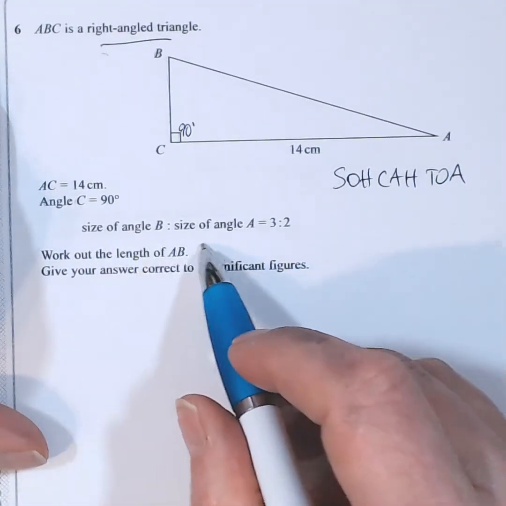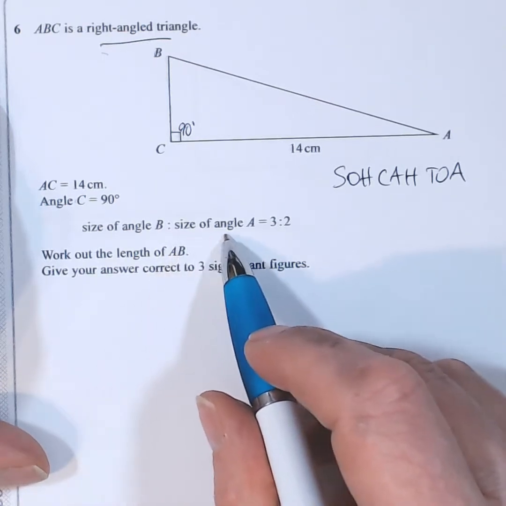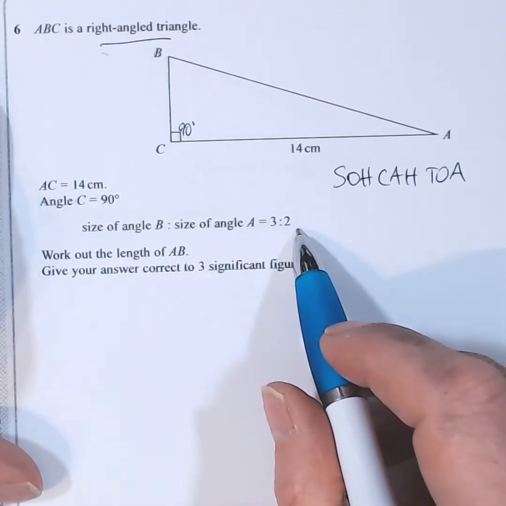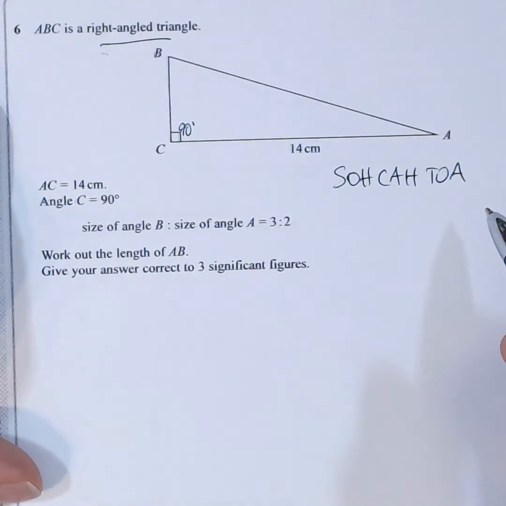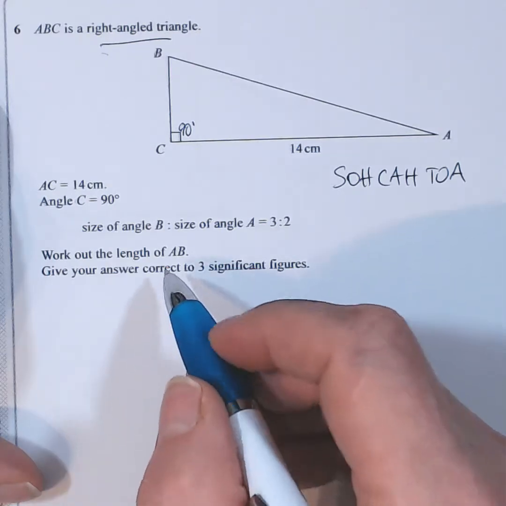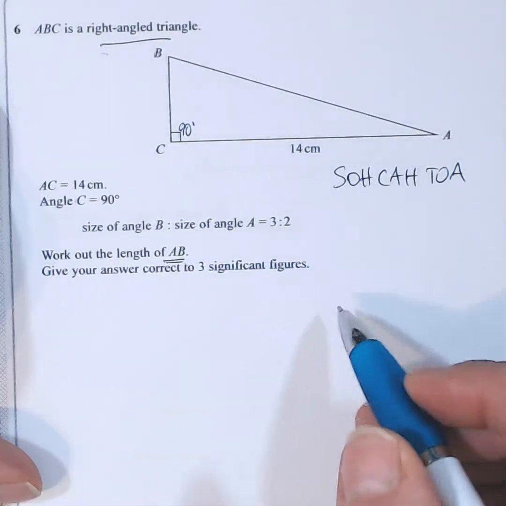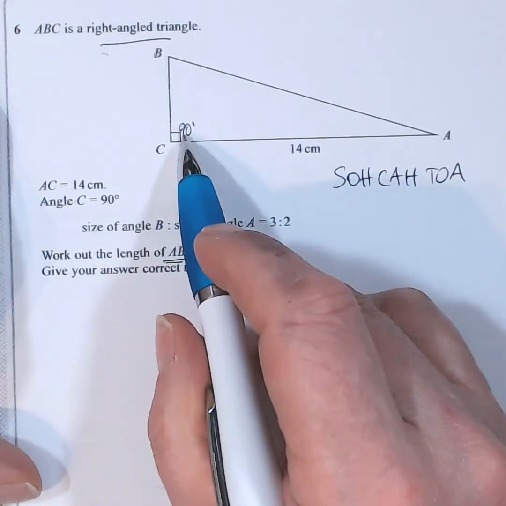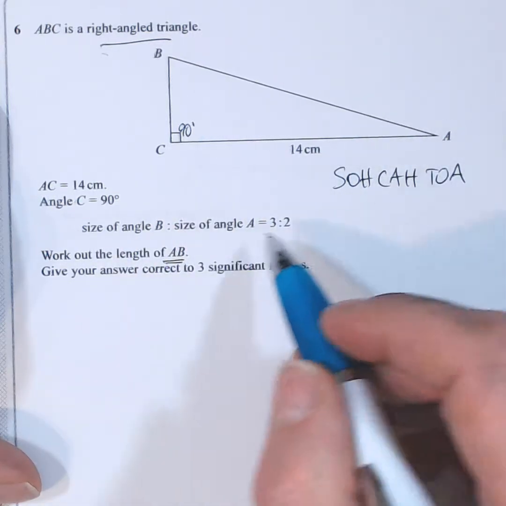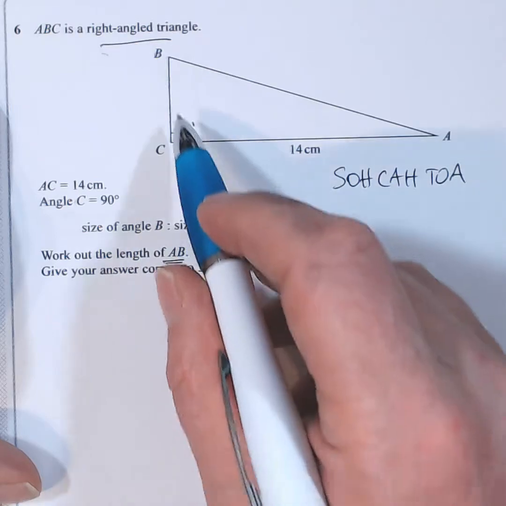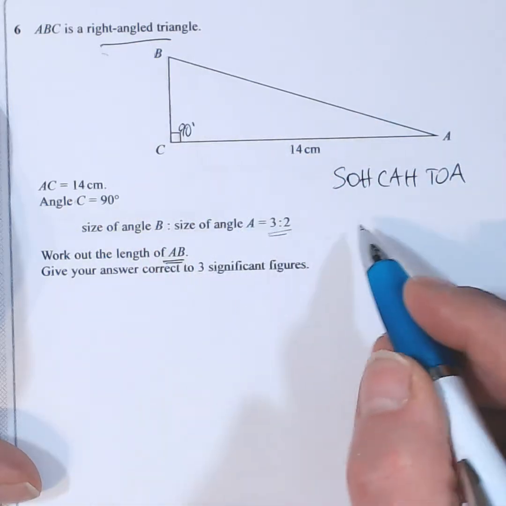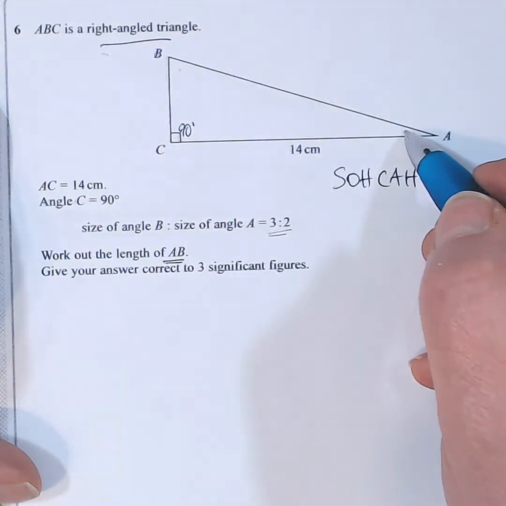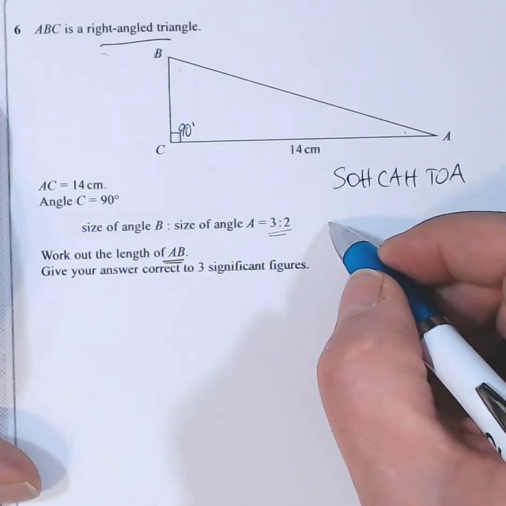The size of angle B is in ratio to the size of angle A in the ratio of 3 to 2. So it looks like we've got to work out the length of AB. Right, so we've been told that was 90 degrees, and we've been told that the other two angles are in this ratio. So we know that these two angles must add up to 90 degrees.